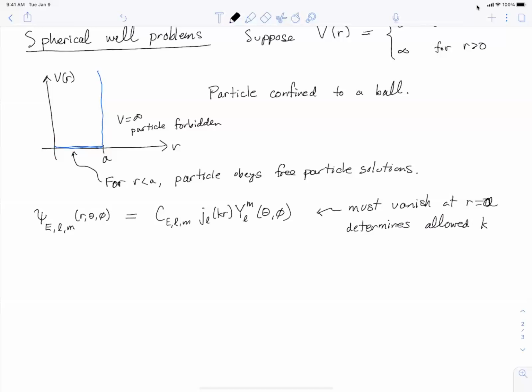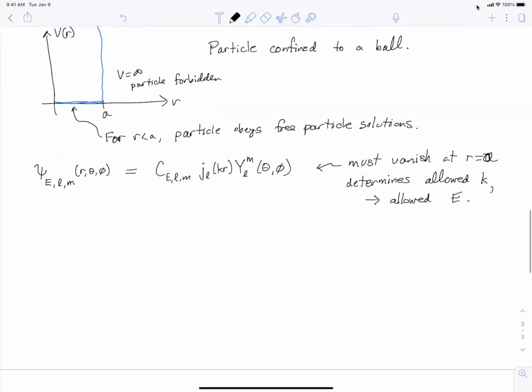So not every k will be allowed, and that's going to give us the allowed energies. And once we know the allowed energies, then we can plug in and find out what are the allowed wave functions. Okay, so let's do it. First, we'll just consider the l equals 0 states, because they're the easiest.